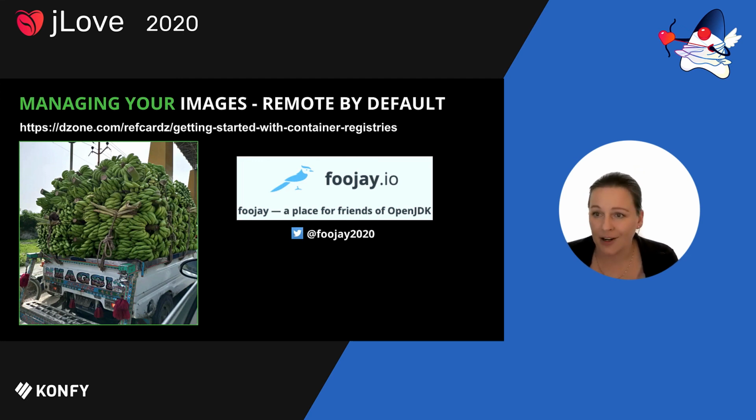I highly encourage you, though, to write your own Java images and get yourself a container registry that you own, that is internal, that you can secure. You need reliable access to required images for your builds. Avoid those random failures in your pipeline because of network issues or just missing an image. And control access to your proprietary images.